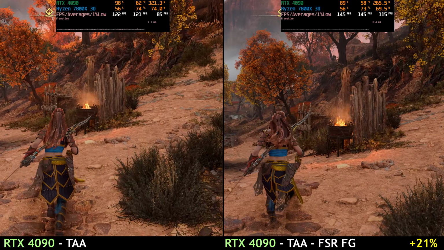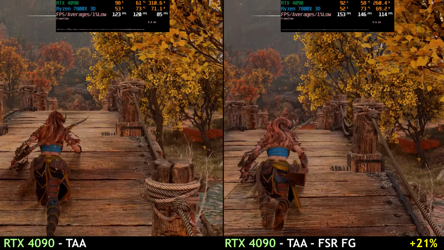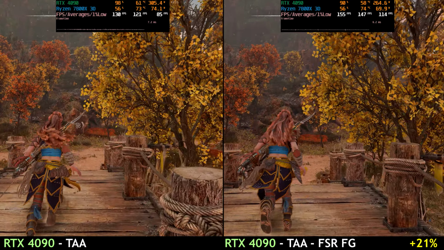And by turning on FSR 3 frame generation, we actually didn't gain all that much. We averaged 145 FPS. That is a gain of 21%. That is a lot less than the 7900 XTX's 68% gain in average FPS.